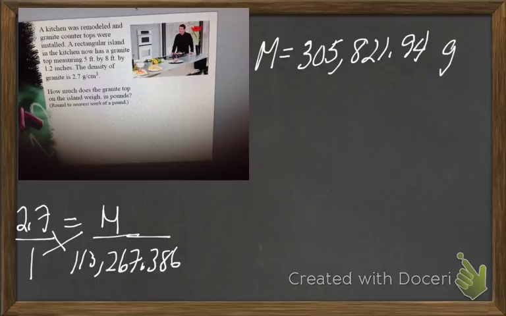Okay, so if you at least get that far, you will get a lot of credit on the regions. But the question actually says, how much does it weigh in pounds?